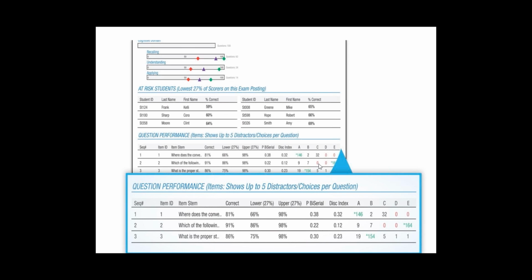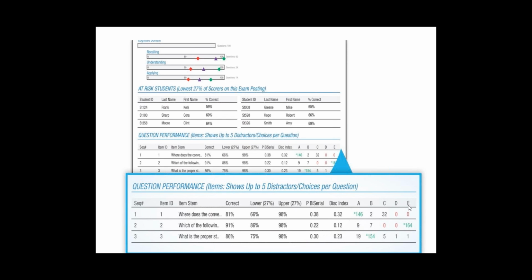Those particular options that you're offering in the multiple choice question here are absolutely not supplying the students with anything that's enticing, even the ones who don't have much knowledge in this content area, to choose them. So what might have been a good multiple choice question here with 4 or 5 options almost boils down to becoming a true-false question, because these are non-players when you see those zeros.